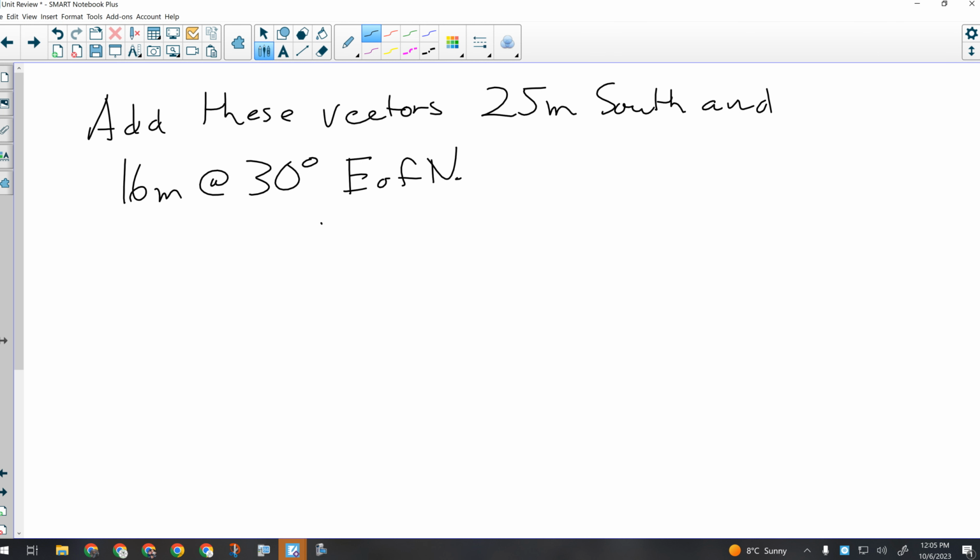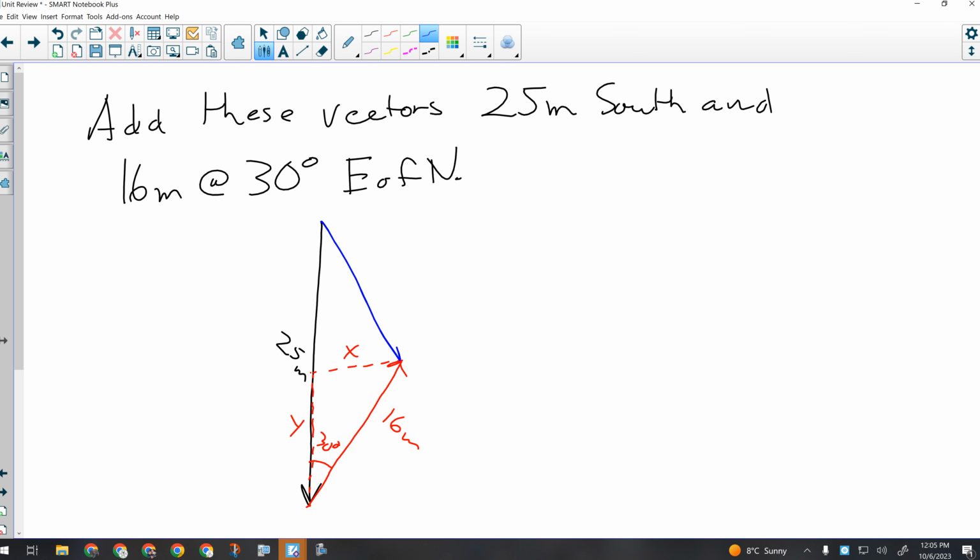So we would draw this vector here, 25 meters south, and then our other one is 30 degrees east of north, so I would draw a line that's north. I would go 30 degrees east of that for 16 meters. My resultant would go there, and would have its triangle. That would be my overall displacement.